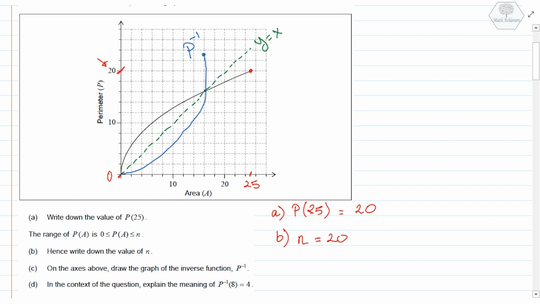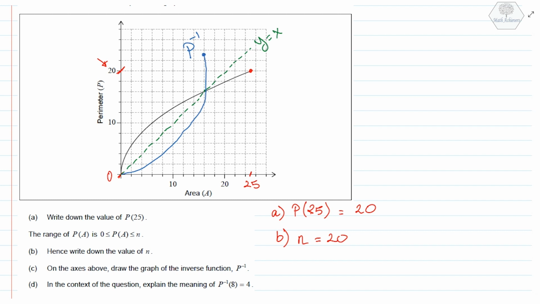For part D, in the context of the question, explain the meaning of P inverse of 8 equal to 4. P inverse, we map the opposite way, as you remember. We map the y values to the x values. In our context, we map not the area to the perimeter, but the perimeter to the area.